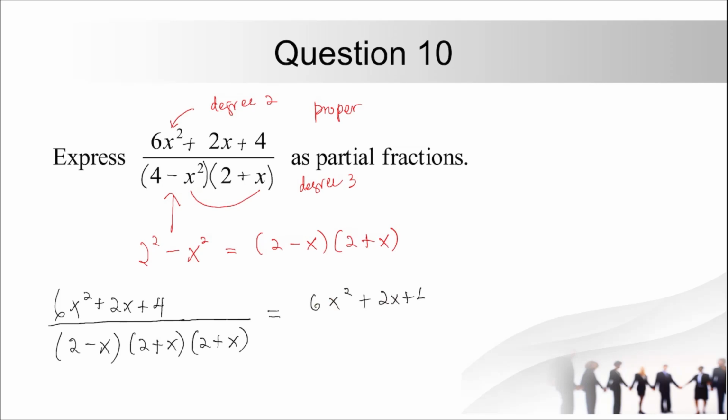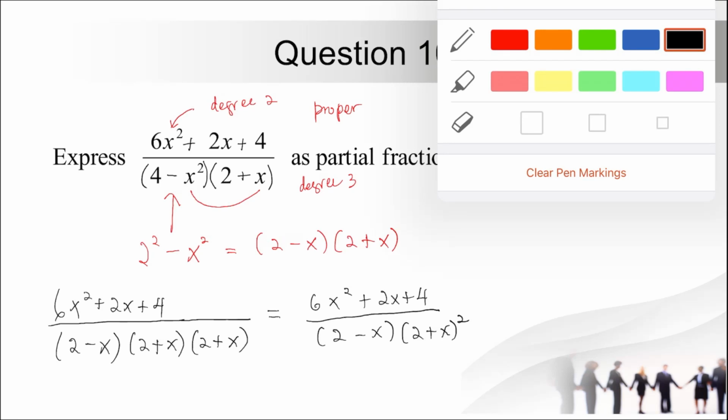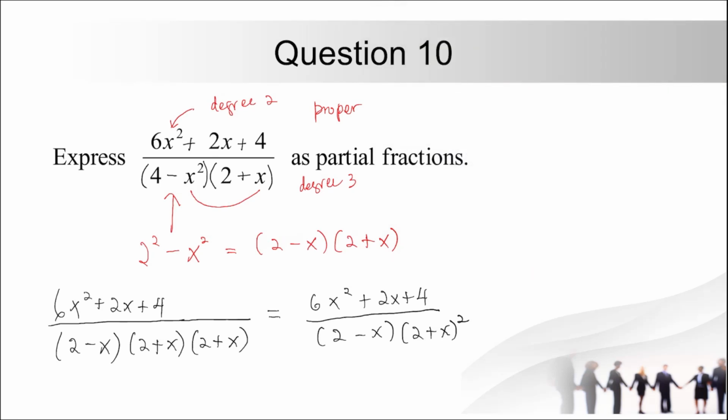We can just combine the factors to be (2 minus x)(2 plus x) squared. Now do you see the type of denominator? 2 minus x is the linear type and (2 plus x) squared is the repeated linear.